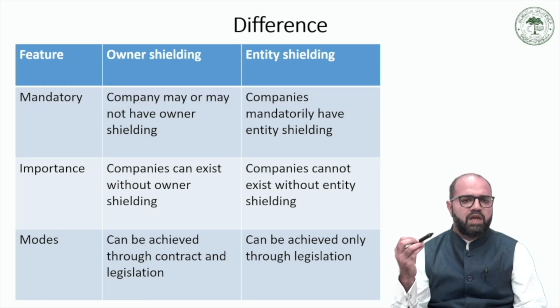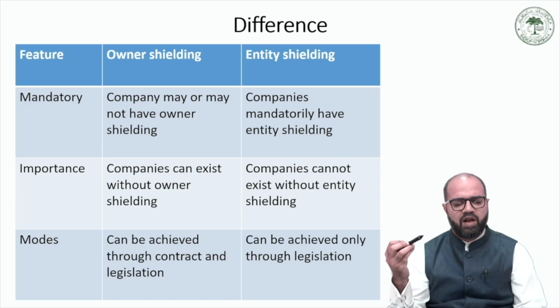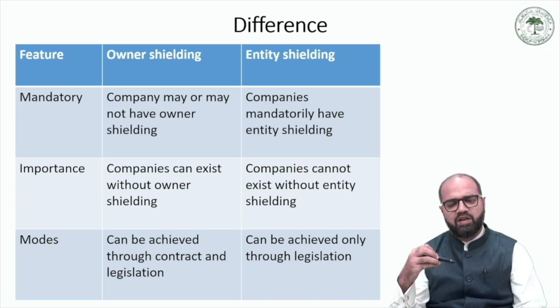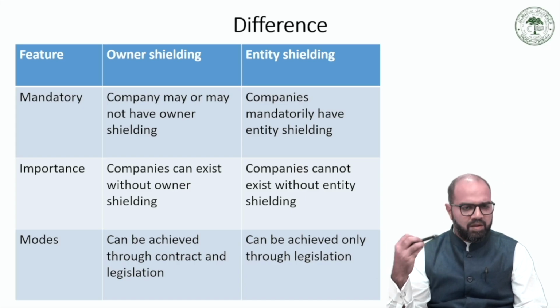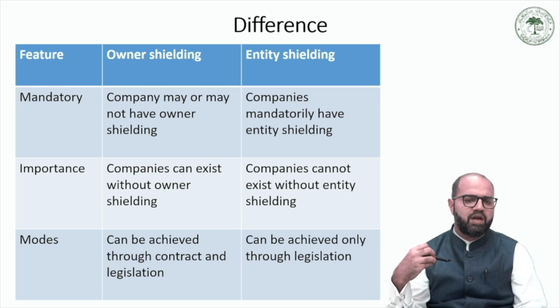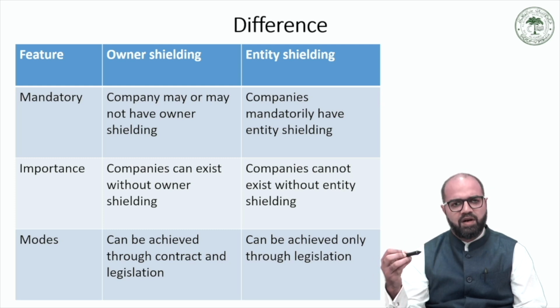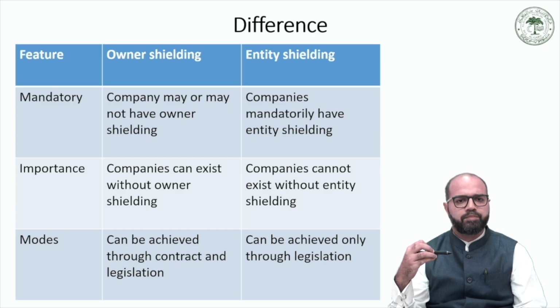Now, a company may or may not have owner shielding, just like a company may or may not have limited liability. It is a choice. So it is possible that a company has unlimited liability. Under the law, a company can be incorporated with limited liability or unlimited liability.